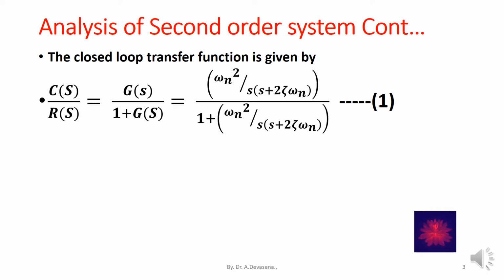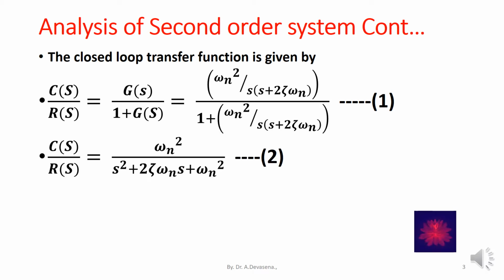If you substitute the value of G(s) is equal to omega n square divided by s into (s plus 2 zeta omega n), we get C(s) by R(s) is equal to omega n square divided by s into (s plus 2 zeta omega n), this is our numerator term, the whole divided by 1 plus omega n square divided by s into (s plus 2 zeta omega n). I have considered this as equation 1.